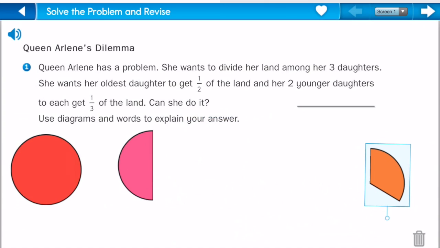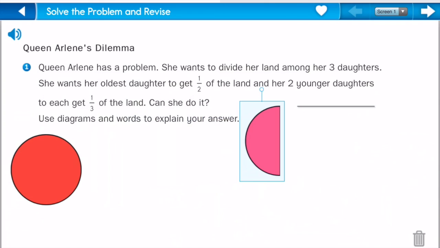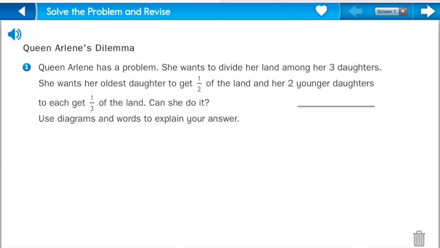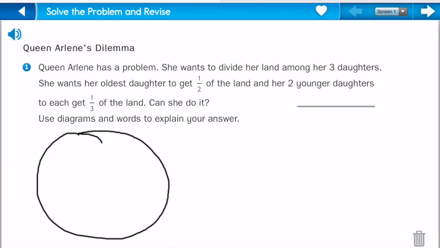So, another way I can do it besides the fraction circle pieces, I'll delete them. I'll show you another way we can do it. I can draw a picture too, if I didn't have fraction circle pieces. So, I'm going to draw a big circle. And now I'm going to divide it in half.